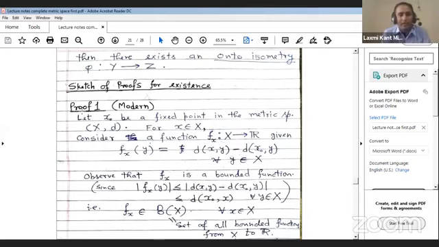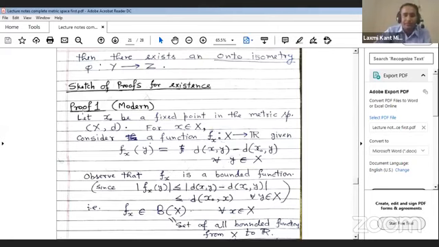Suppose x naught is a fixed point in the metric space X. For any element small x in capital X, we define f suffix x, a function from X to R, by f_x(y) = d(x, y) minus d(x naught, y).